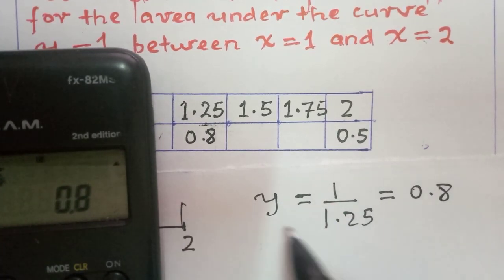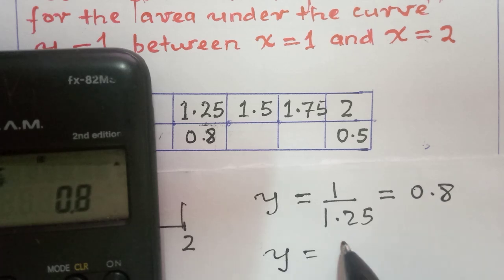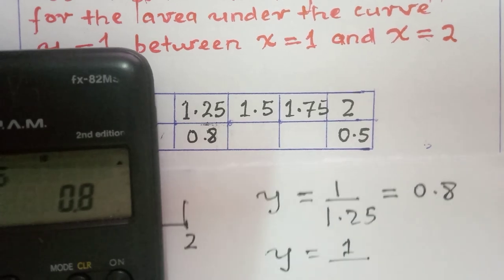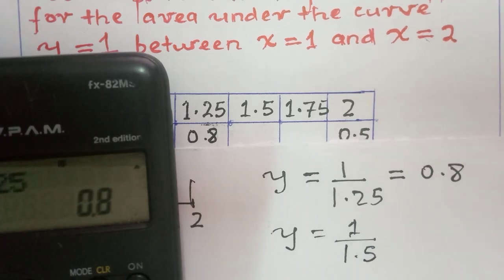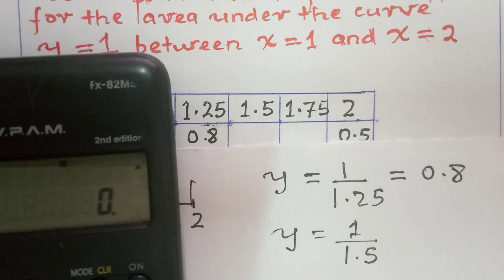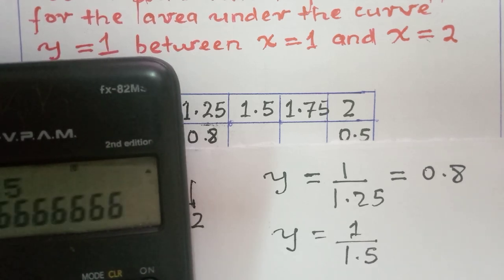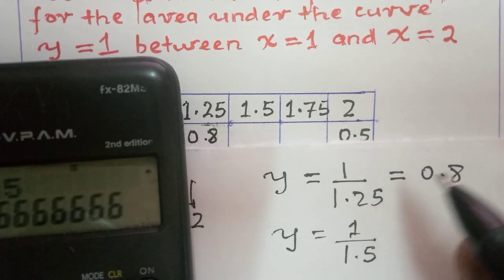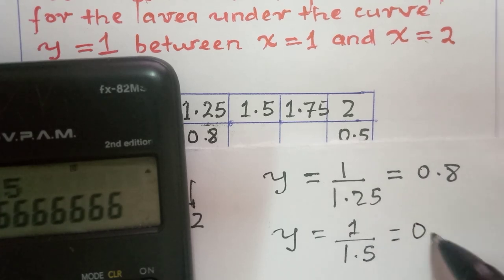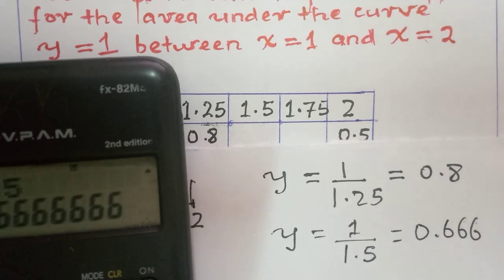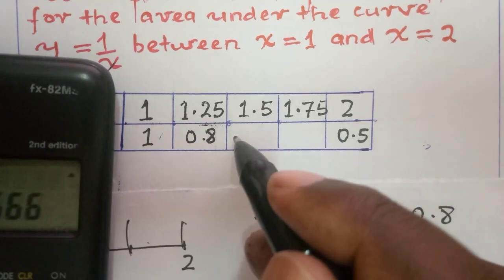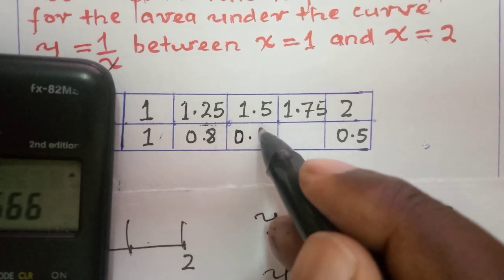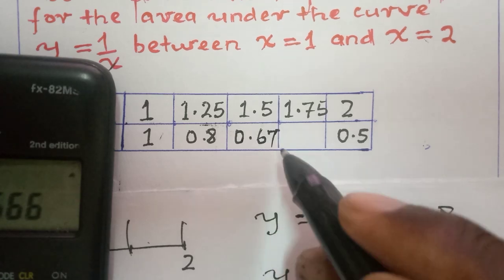The next one is y equals 1 all over 1.5. This gives me 0.666, which I can approximate to be 0.67.